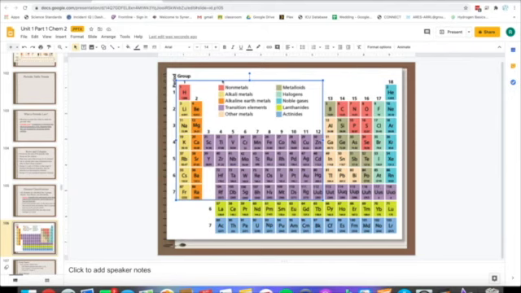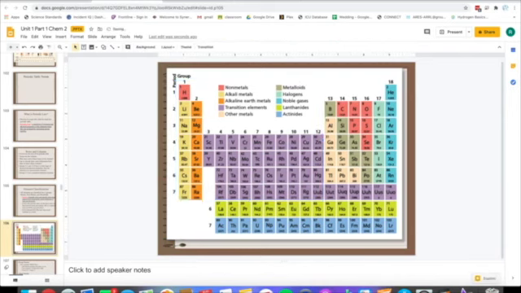So those are your metals. All right, so the metals are on this side of the periodic table.